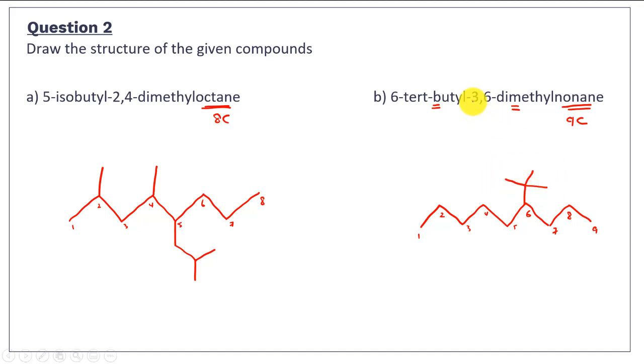And carbon 3 and 6 dimethyl, 2 groups of methyls. So carbon 3, 1 methyl group, carbon 6, there's another methyl group. If you want to put this methyl group at the bottom, that's also fine. Just keep in mind, each carbon must have a minimum of 4 bonds. The ones that aren't shown mean that the carbon is attached to hydrogen.